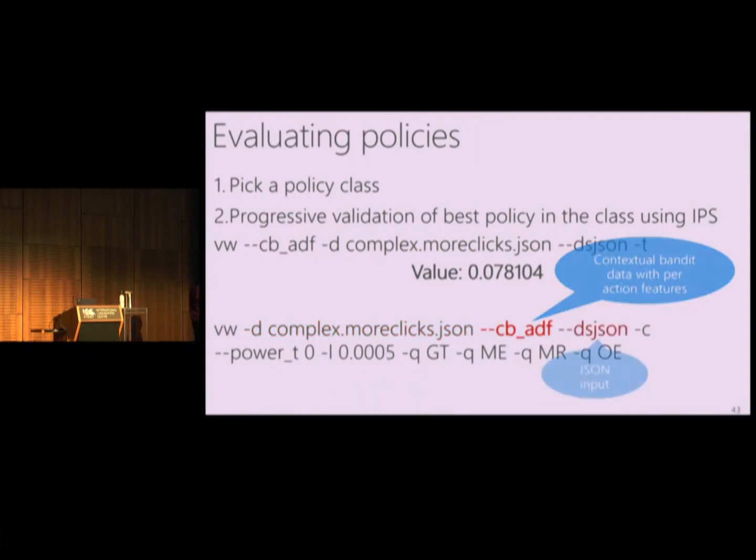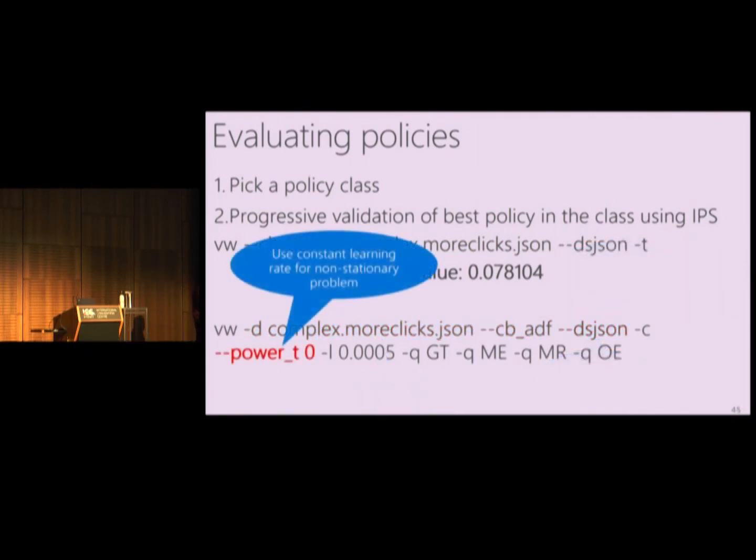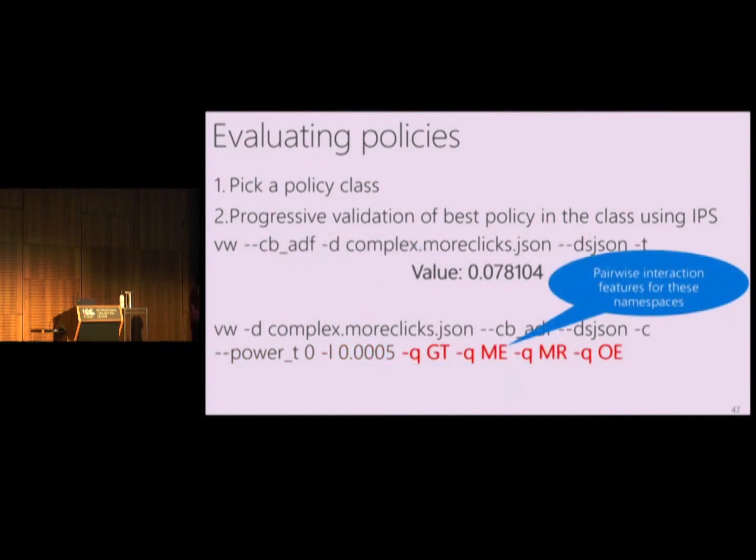What we are saying is we want to use a linear learner, but one that uses some pairwise interaction features. I'm going to take the features about the user geography and interact them with some tags I extracted from the image associated with the action. I'm going to take the referring URL that the user came from and interact that with the emotion I extracted from the article, and so on.